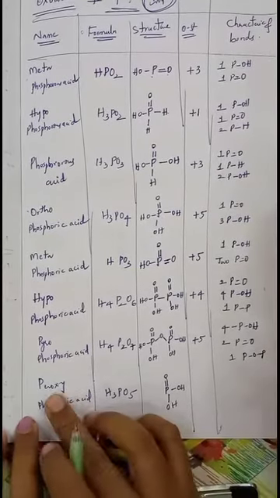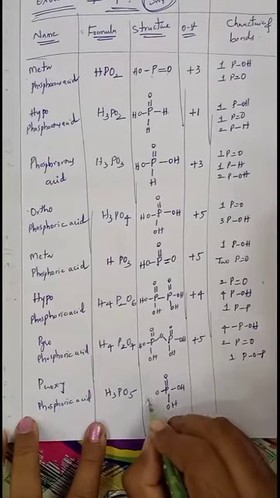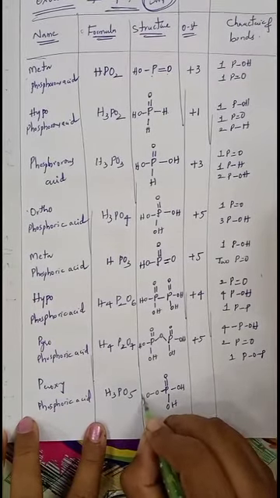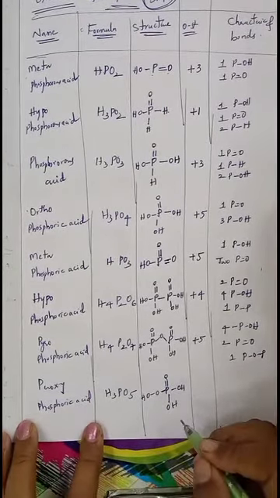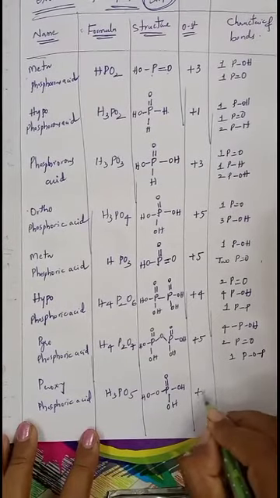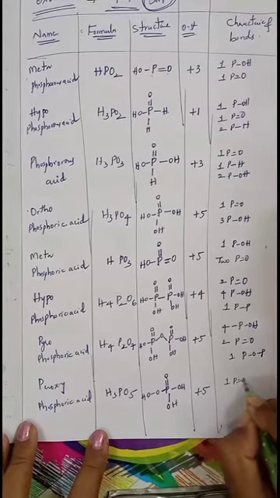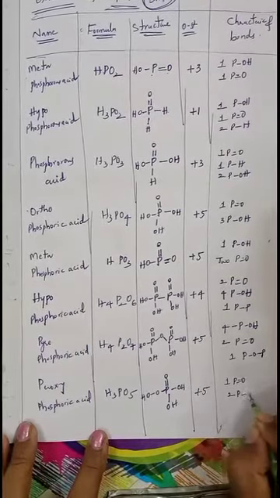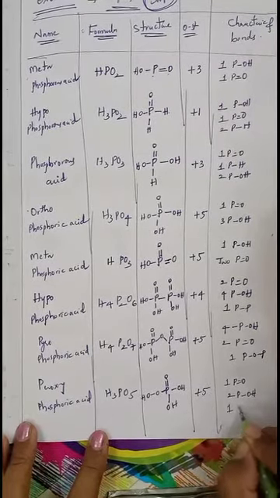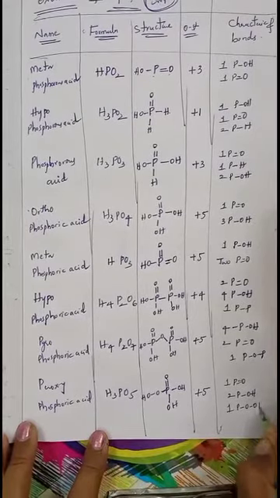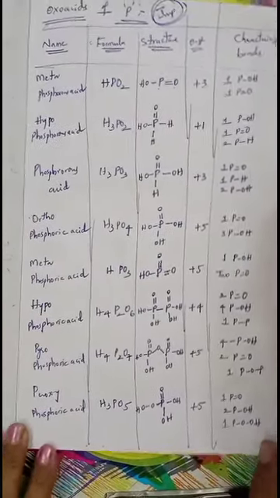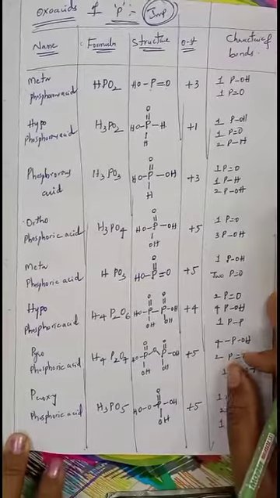So it has a peroxy, so there should be an O-O linkage, and this oxygen is bonded with hydrogen. Oxidation state is +5 and the types of bonds: 1 P=O, 2 P-OH bonds and 1 P-O-O-H bond. This is about the different types of oxoacids formed by phosphorus.